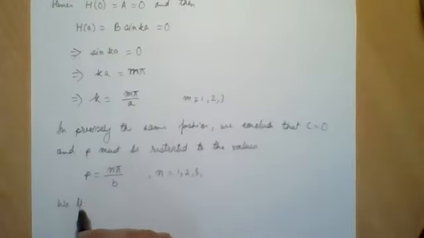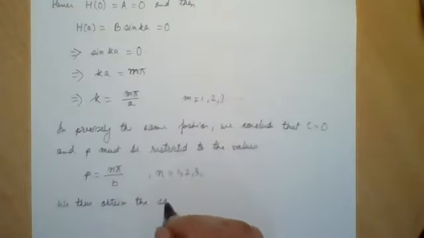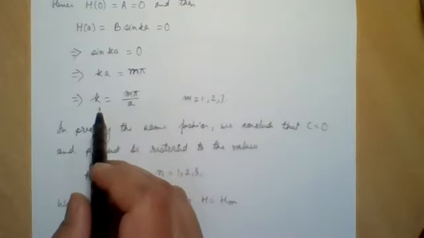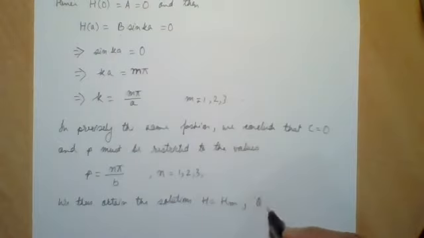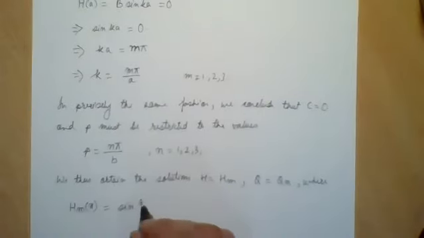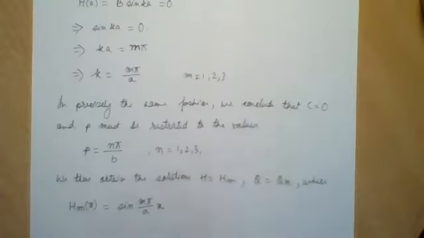So we thus obtain the solutions h equal to hm, because for each value of m we get a different value of k, and for each value of k we get different values of h, and q equal to qn, where hm(x) is given by sine m pi by a x and qn(y) is given by sine n pi by b times y.